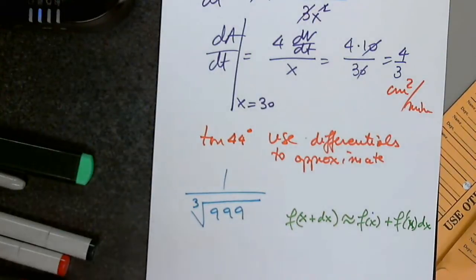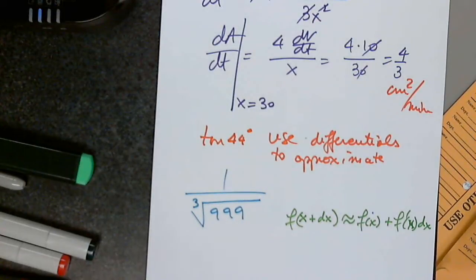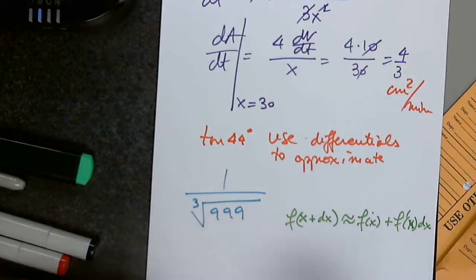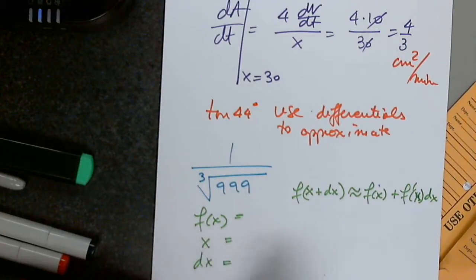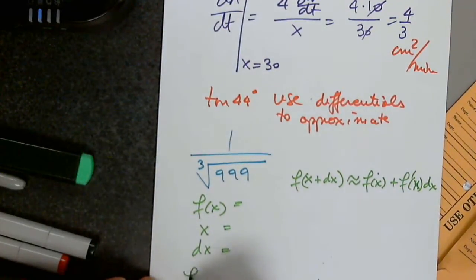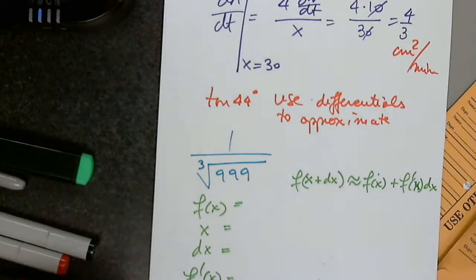This we have to know. Good. So I have a lot to identify. I have to identify f, x, and dx. So I need f of x, I need x, and I need dx. And of course, after that, I'm going to find f prime of x.